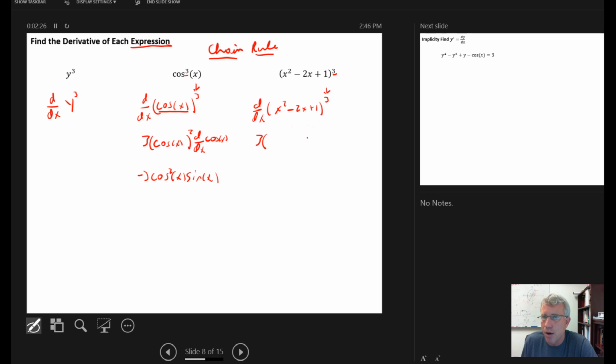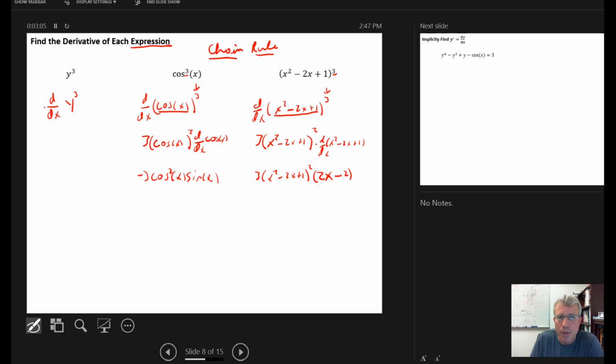Take the derivative of the outer cubing function, but take that derivative at the inside function, and then multiply by d dx of the inside function, x squared minus 2x plus 1, which would give us 3 times x squared minus 2x plus 1 quantity squared, times the derivative of this, which is going to be 2x. d dx of x squared is 2x, minus d dx of 2x is just 2. And of course the derivative of 1 is 0.